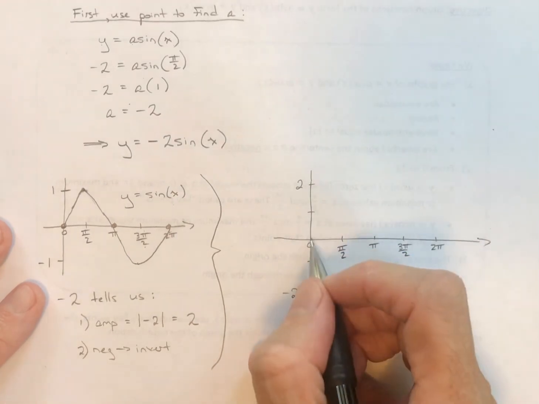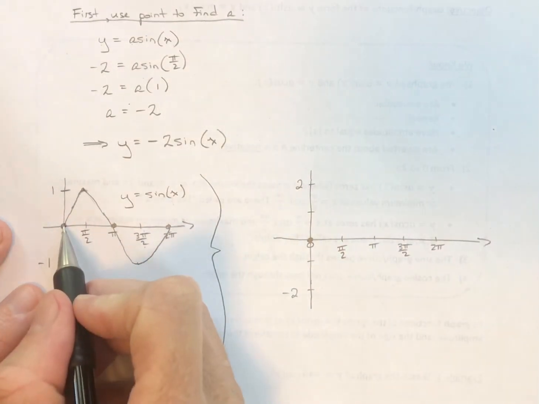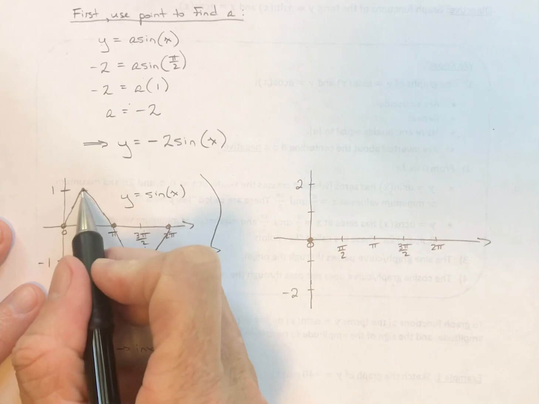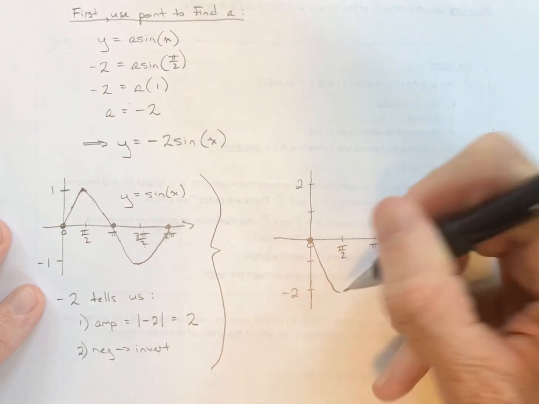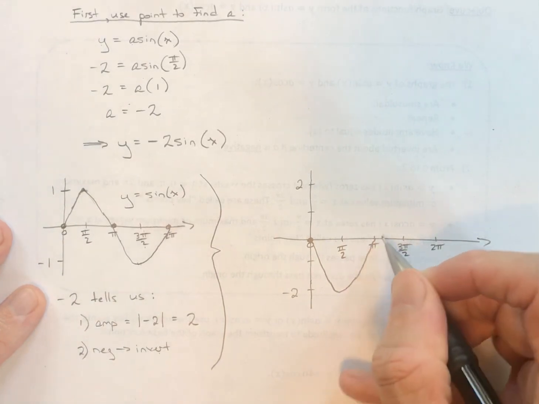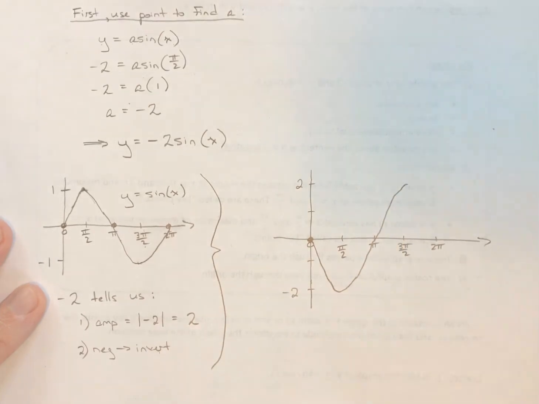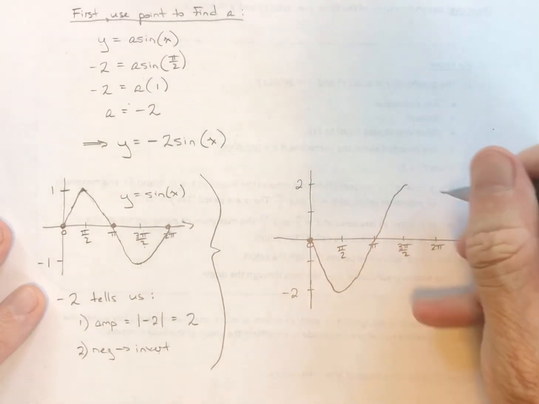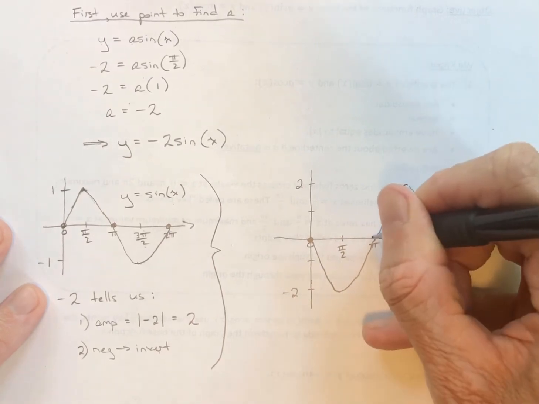The sine function goes through 0, but in this case, we're going to invert it. So we need to go down. The basic sine function went up from 0. We have to go down from 0 because we're inverting that. And then we have a 0 at pi. We then go up to a maximum height of 2 at 3 pi over 2. And we come back to our 0 at 2 pi.